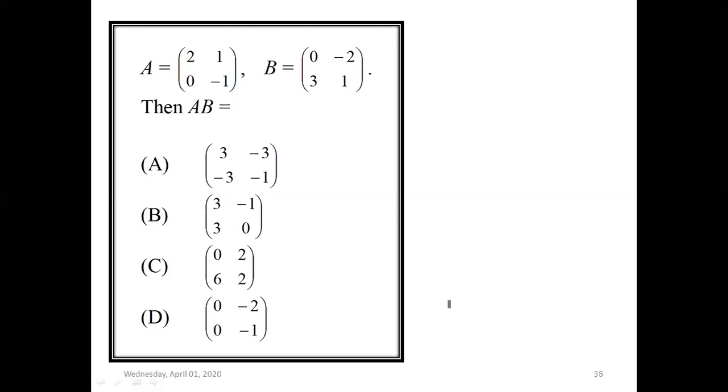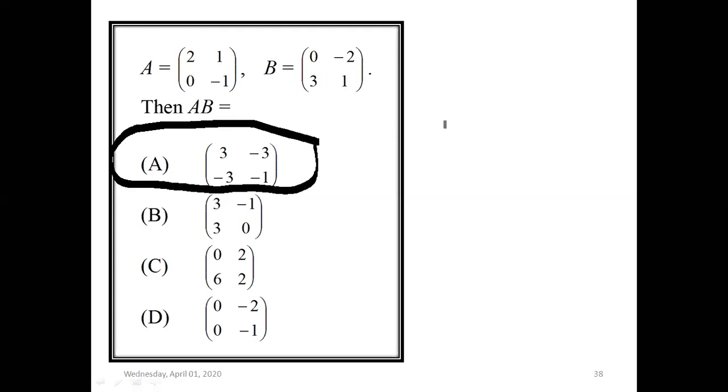So we multiply matrix row by column. All right, guys, we have less than a minute. Anybody? Sir, A. Is correct. Very good.